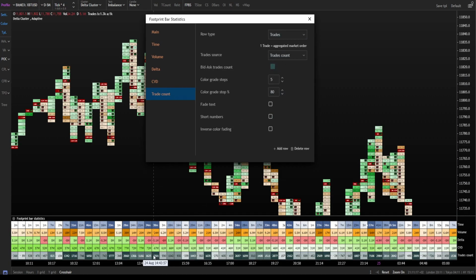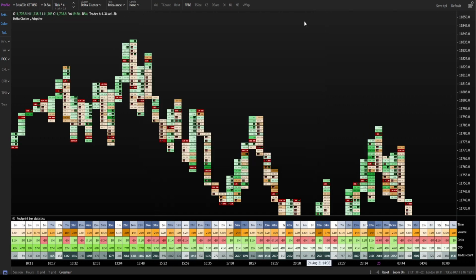Basically it says how many total trades have taken place in this candle, right? So the total amount of trades in this particular candle. It took 38 minutes to transact 24 million on a negative 5 million delta candle, and it took 2,300 trades to get that, right?